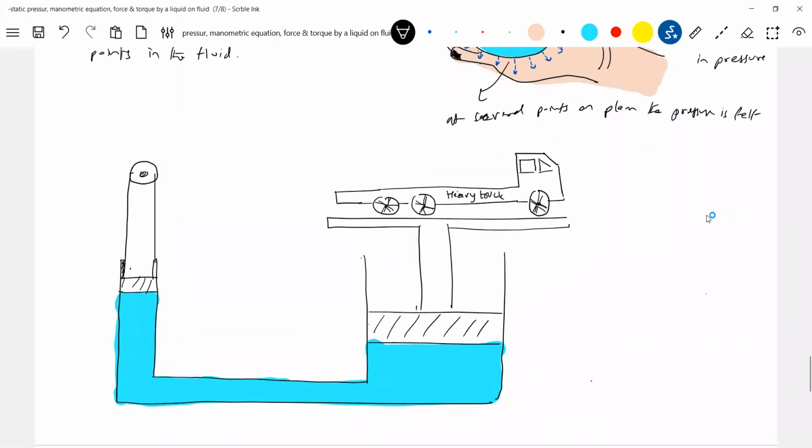Now the lever can be asked in advanced exams, so you have to be careful. I'm just exposing you to the lever. Like that will be fixed here.